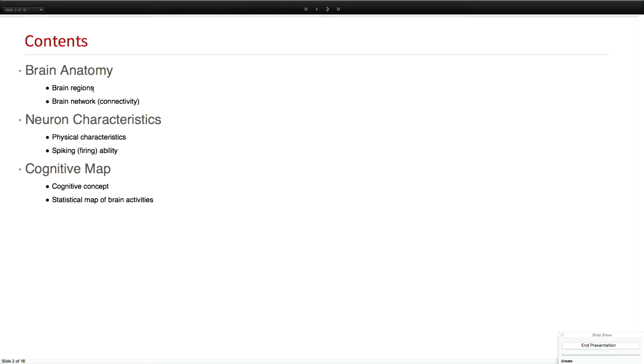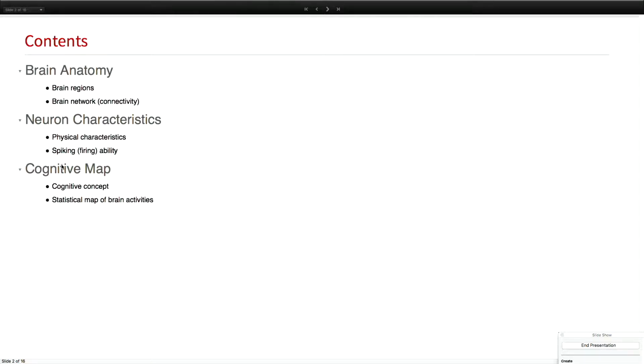Our human brain contains about 100 billion neurons, and of course, it's not an easy job to identify all of those brain cells. Characteristics of a few hundred neurons have been identified already, for instance, physical and spiking characteristics, and those define the processing ability of the network.